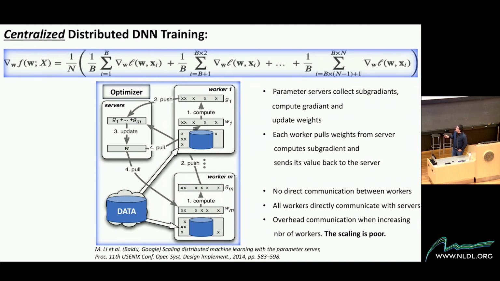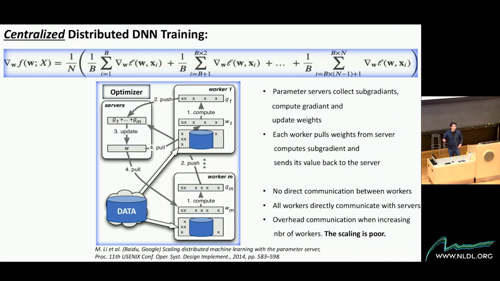What happens here is the workers need to get some weights from the server to compute the gradient or subgradient. You can think about it that each worker will compute a sum of a gradient.